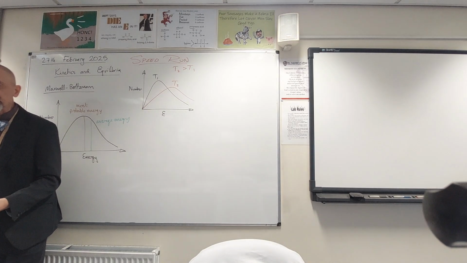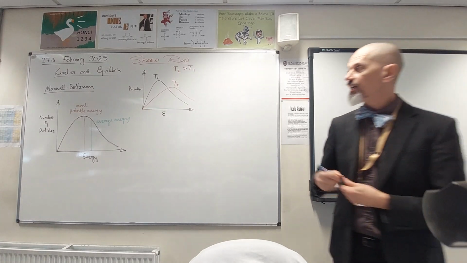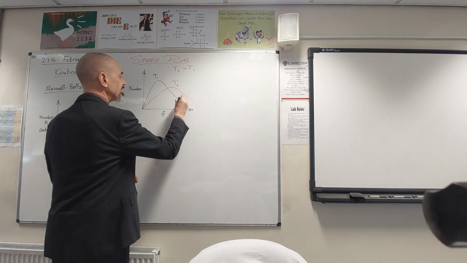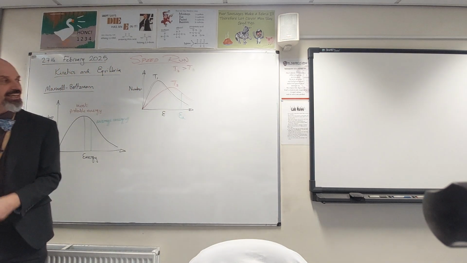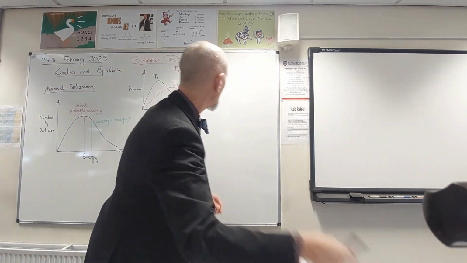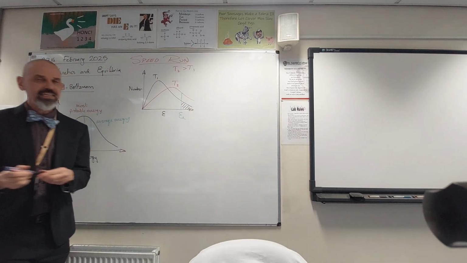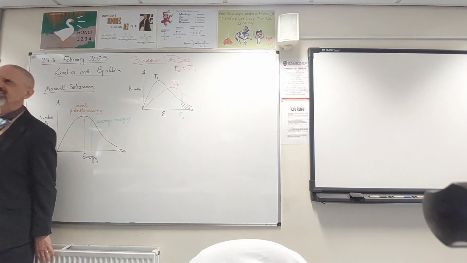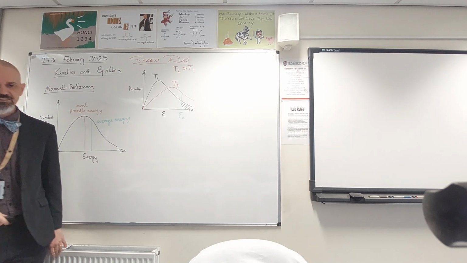So we can use this as a way of explaining why increasing temperature increases rate. If I put my activation energy on there, the activation energy EA, then only particles that are greater than or equal to the activation energy can react.